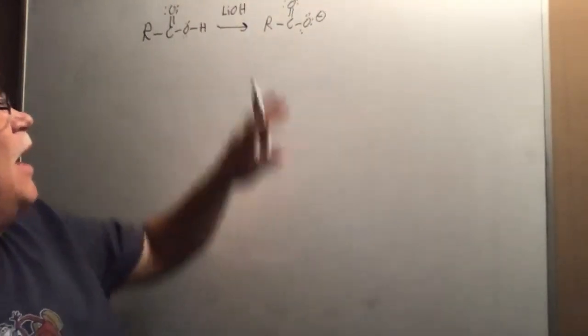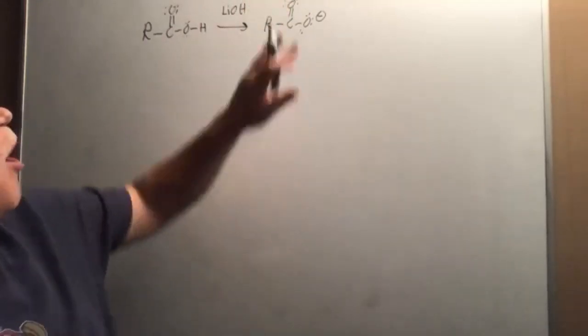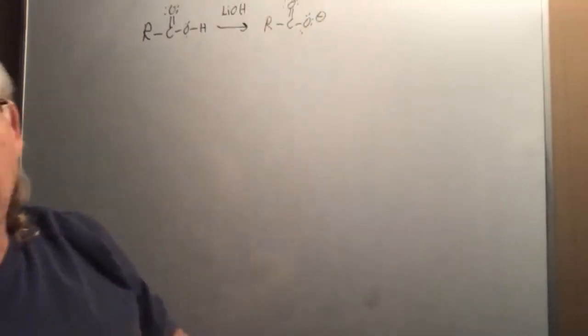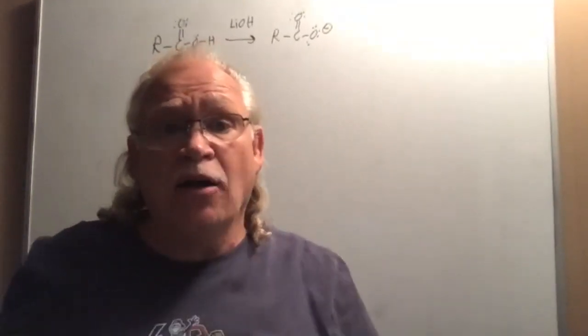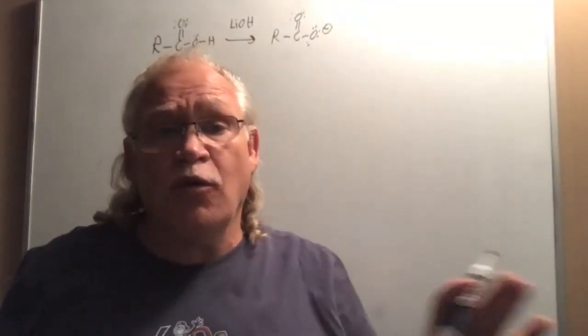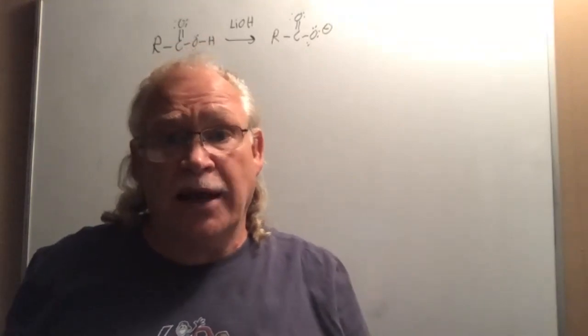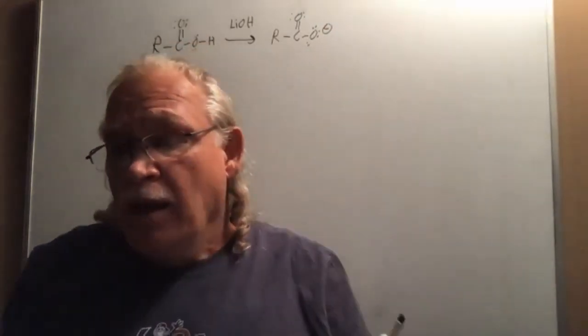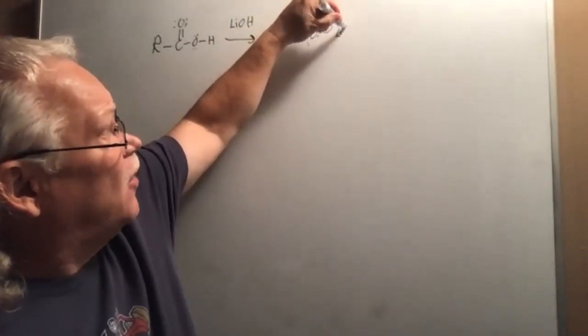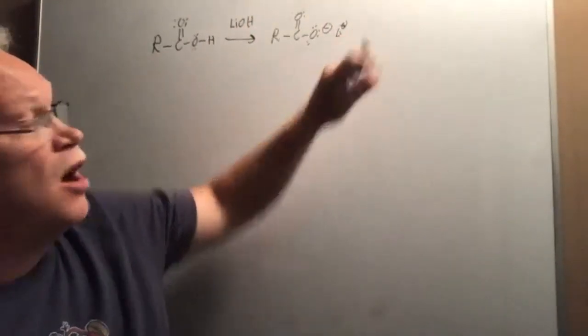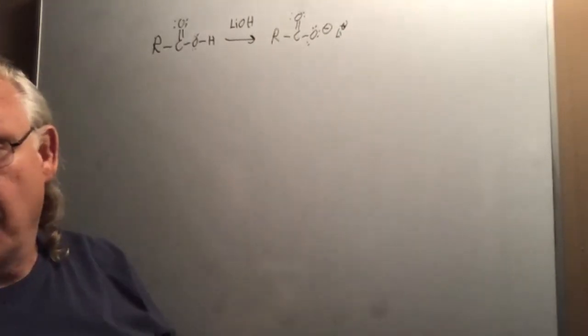Now, if we wanted to, we could write water and the lithium ion out here. I normally do not write the counter ions whenever I do these reactions, but if you want to write the counter ion out there, you can. I normally do not write that, but again, it's there.